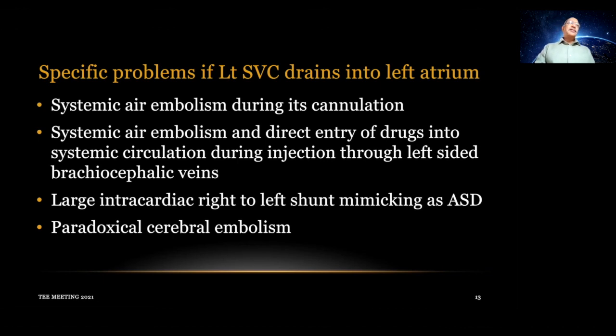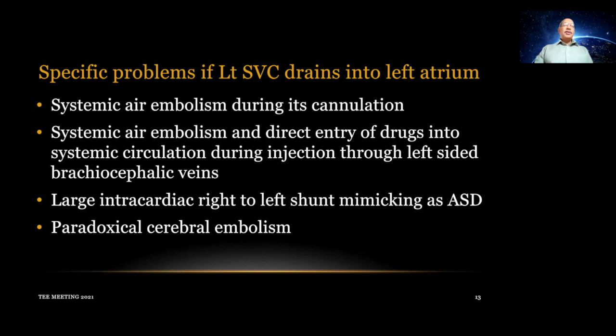But in this case, the drug will go directly into the systemic circulation. Similarly, if a little bit of air is there in the syringe, that will also find its way into the systemic circulation and can result in air embolization.